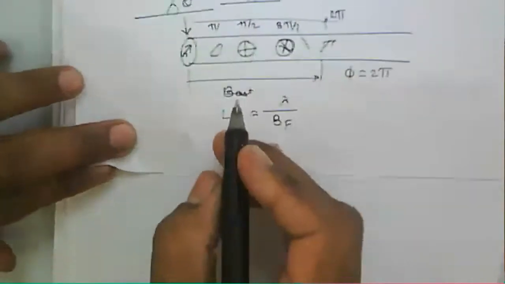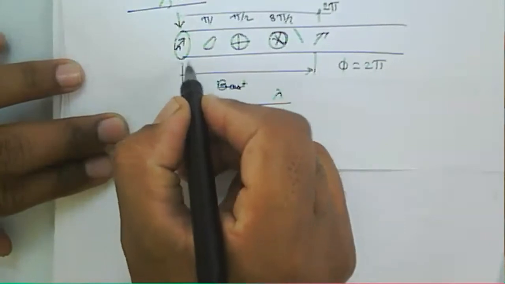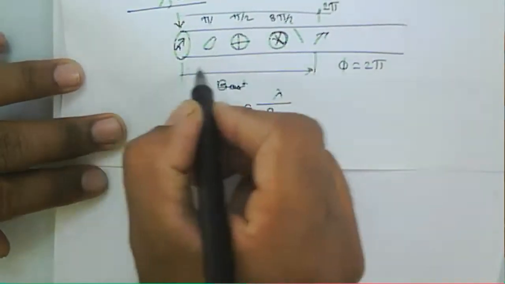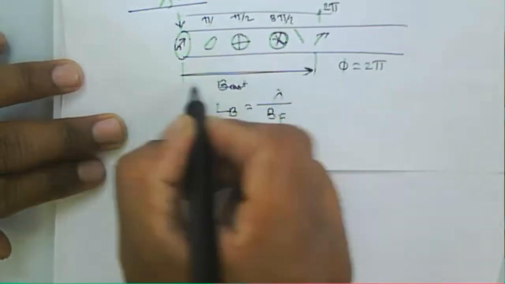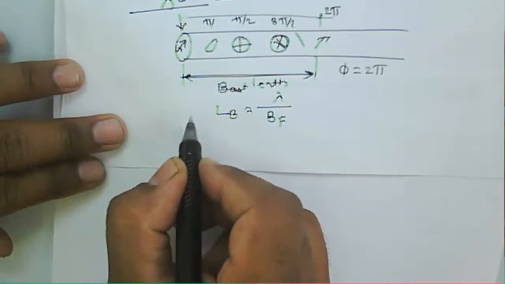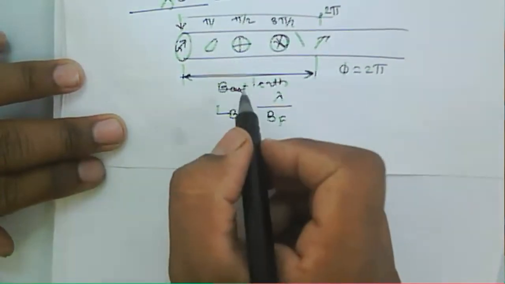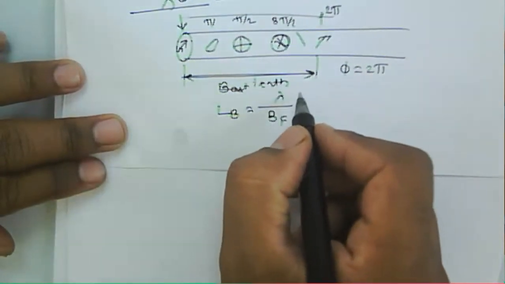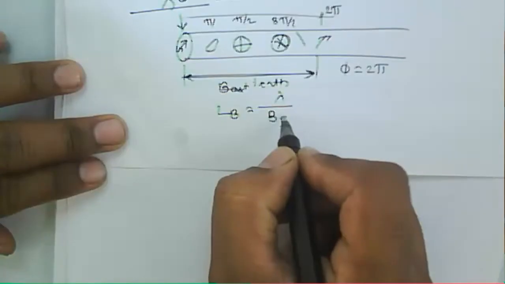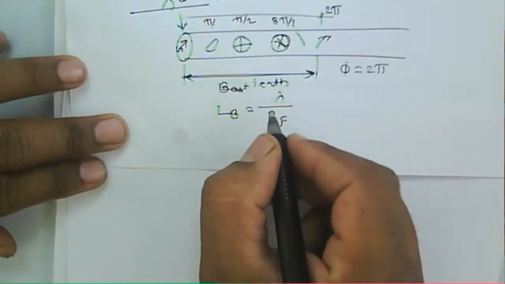Here the phase coherence is maintained over this coherence length, and that is called the beat length. That beat length, or characteristic length, depends upon the birefringence of the given fiber.